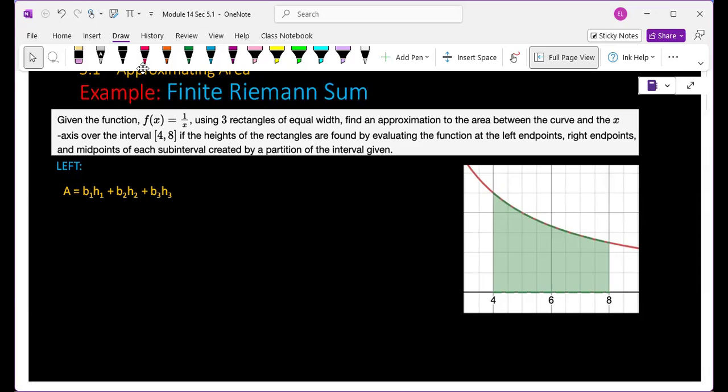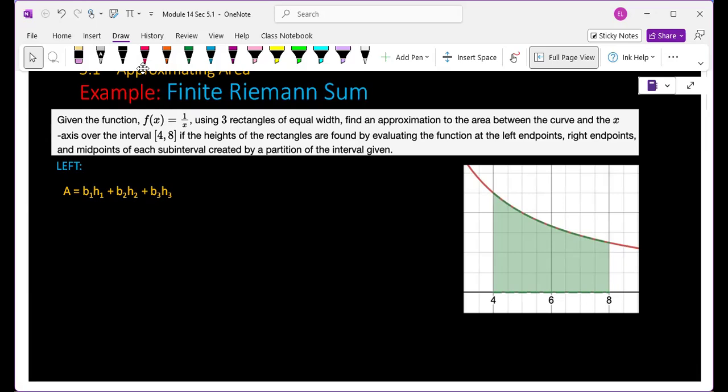So this one, we're just gonna crunch by hand. So we have 3 rectangles of equal width. We want to find an approximation to the area between the curve and the x-axis over the interval from 4 to 8. And we're going to look at left, right, and midpoints.